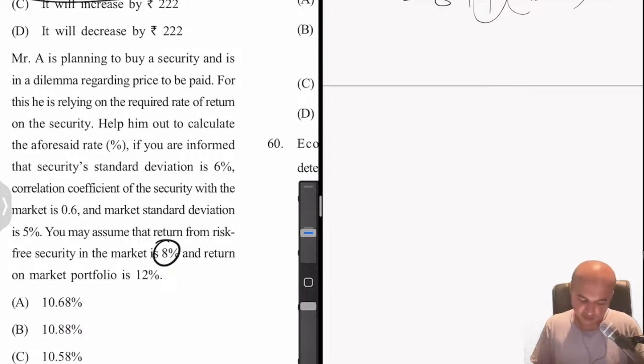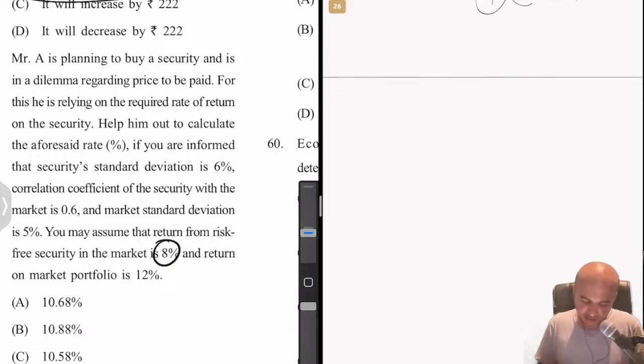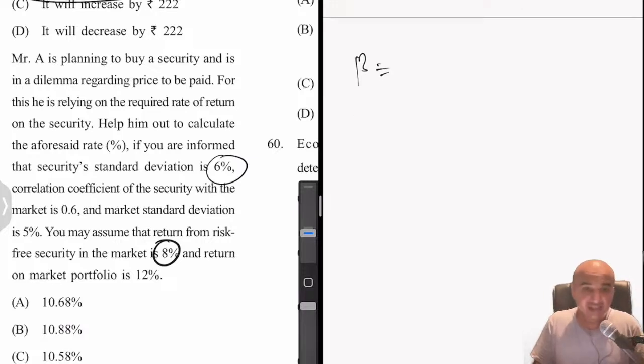Security standard deviation is 6%, and the market standard deviation is 5%. So beta is nothing but standard deviation of security divided by standard deviation of market into correlation coefficient.